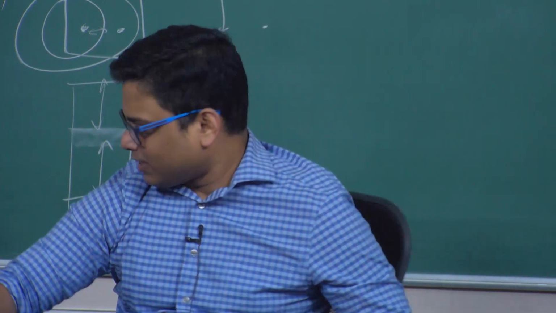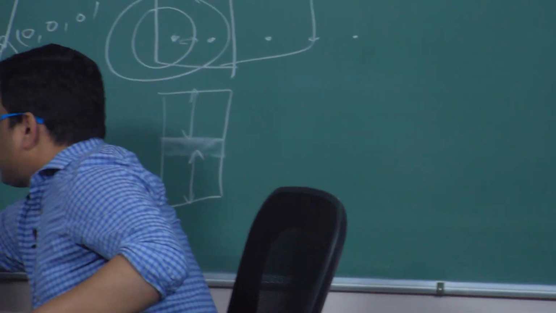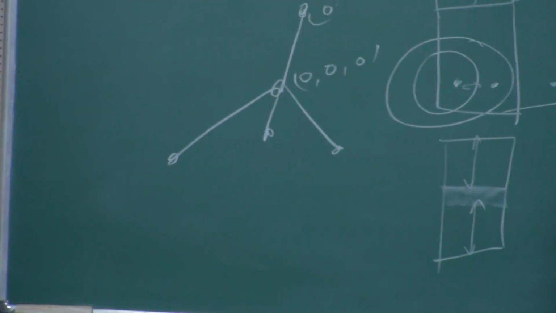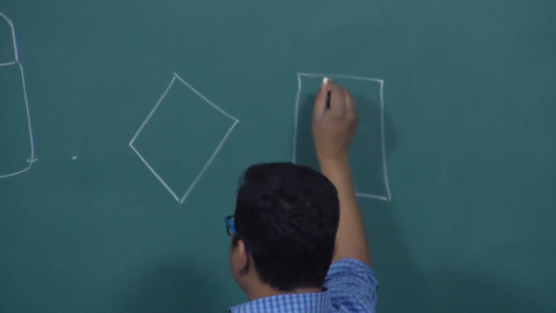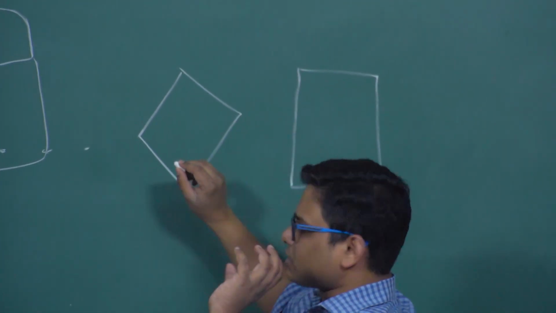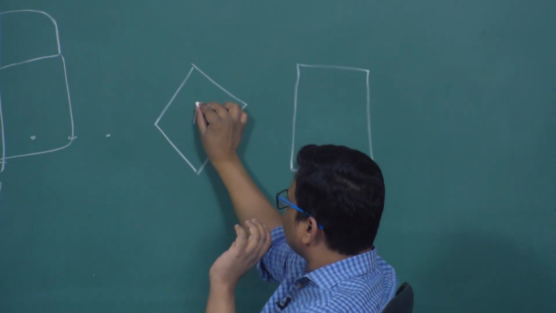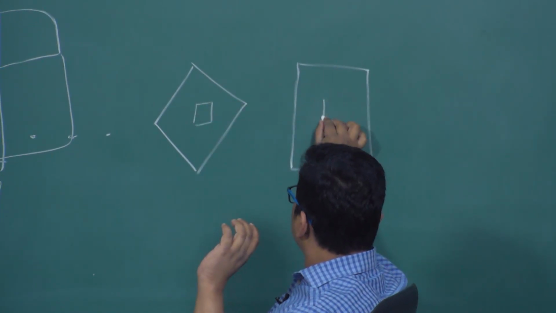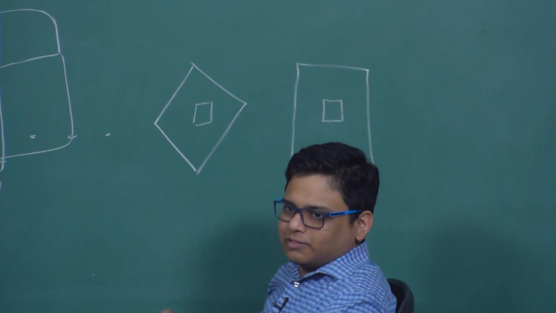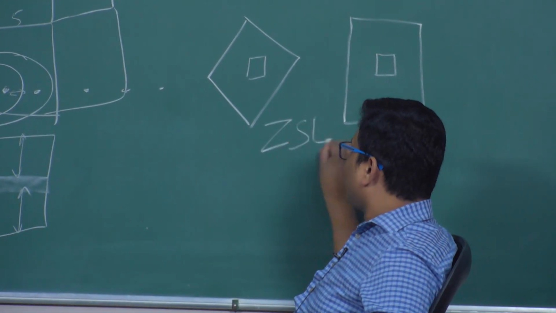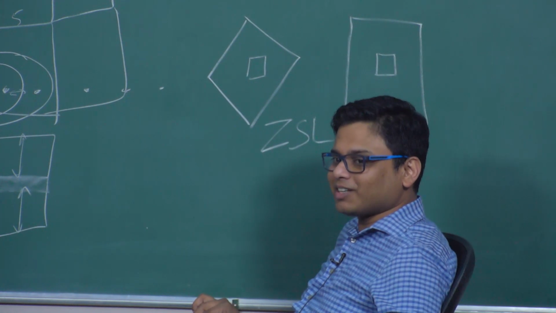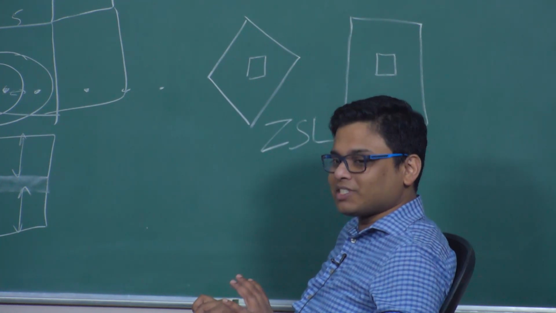So Zur, in 1986 or something, if I remember, said: suppose you have a cell here like this, and suppose you have another cell like this. What's the common cell I can get, something like this, which will be close enough? So he wrote an algorithm called the ZSL algorithm in the 1980s. I can't imagine how they did it without such sophisticated computer programming.